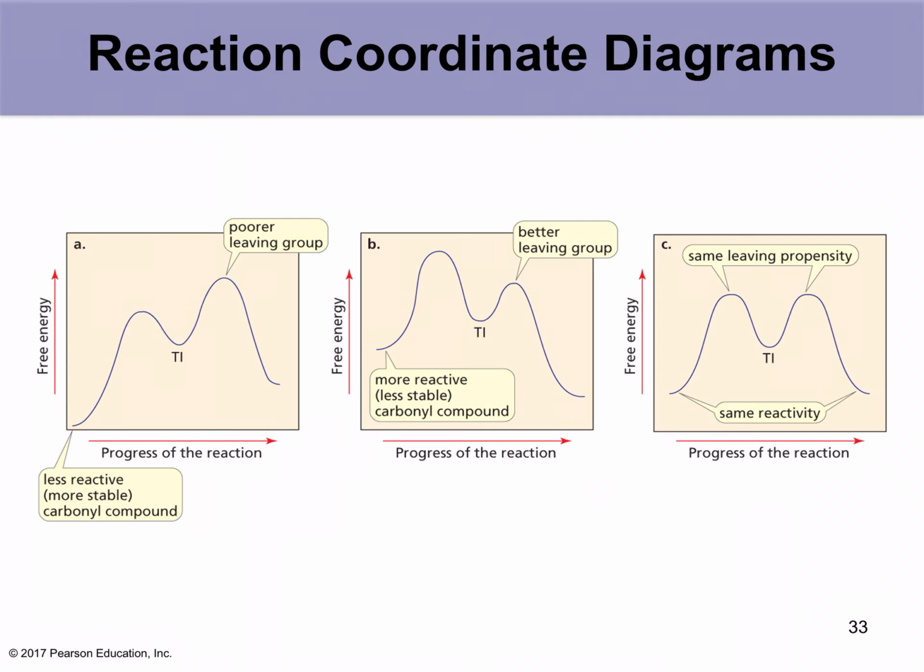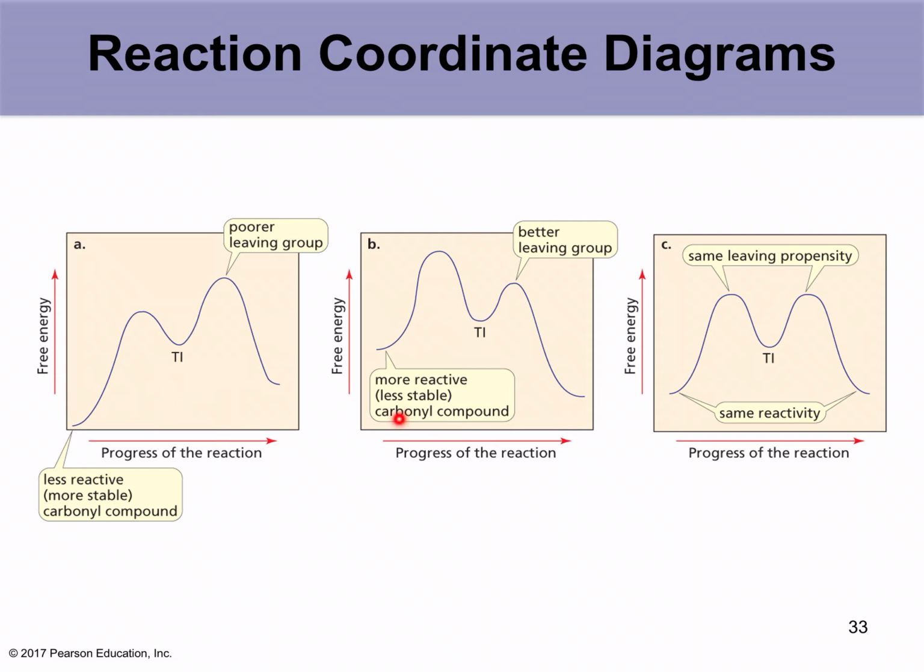These are the reaction coordinate diagrams showing how the progress of product formation goes if you have a poor leaving group, a better leaving group, or the same leaving group properties. Less reactive means a more stable carbonyl compound. Having a poorer leaving group, you can see the progress of the reaction is going to be more endothermic, higher in energy.